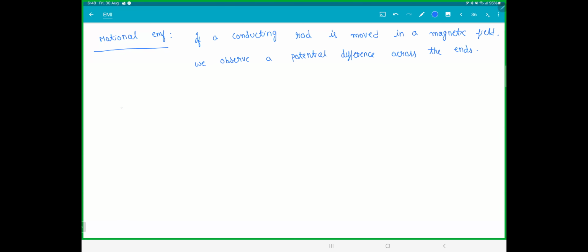Now, why is this happening? First, let's take a simple case. So we got a rod here. Let's say this is going with velocity v, and let's say the magnetic field is B.